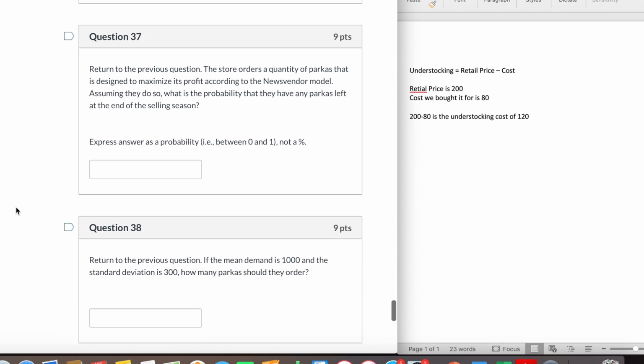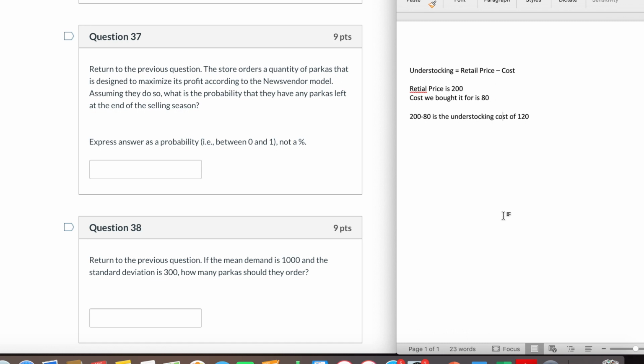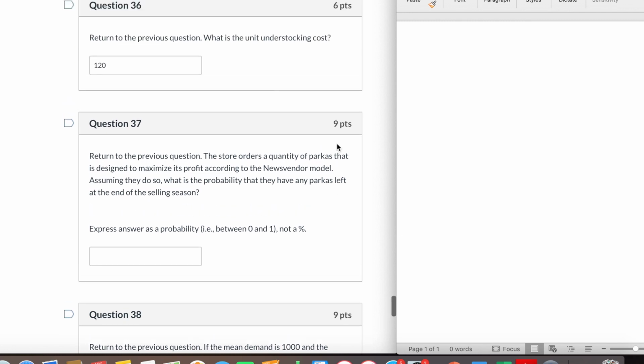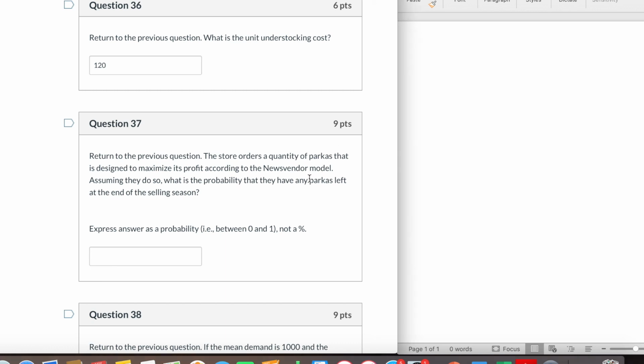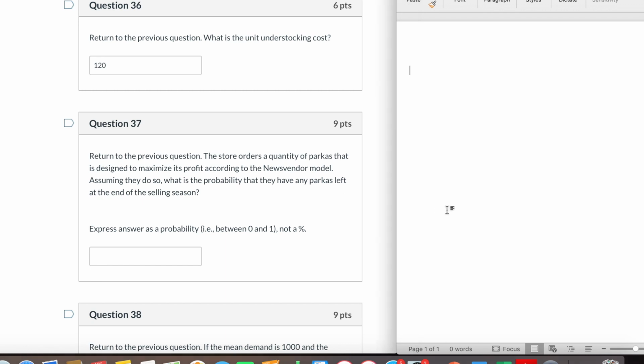Now, question 37. Return to the previous question. The store orders a quantity of parkas that is designed to maximize its profit according to the newsvendor model. Assuming they do so, what is the probability that they have any parkas left at the end of the selling season? Well, they're asking for the critical ratio.